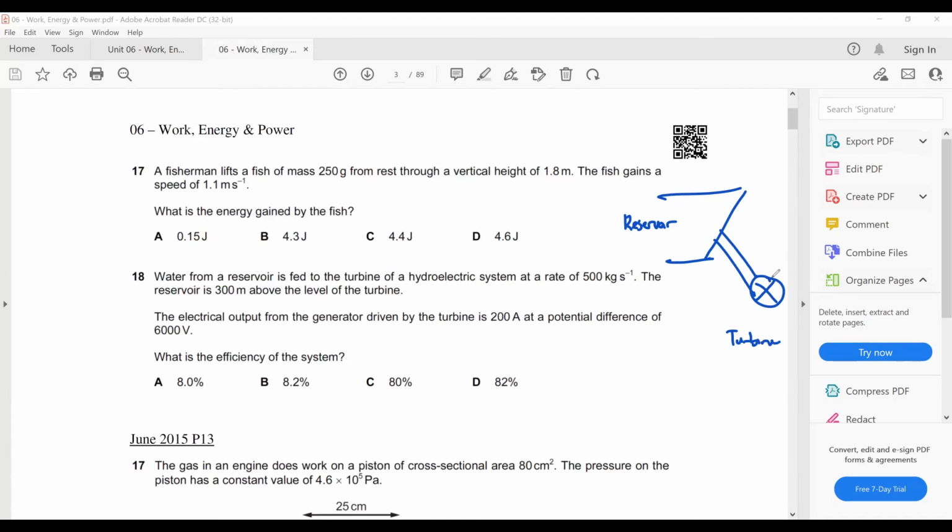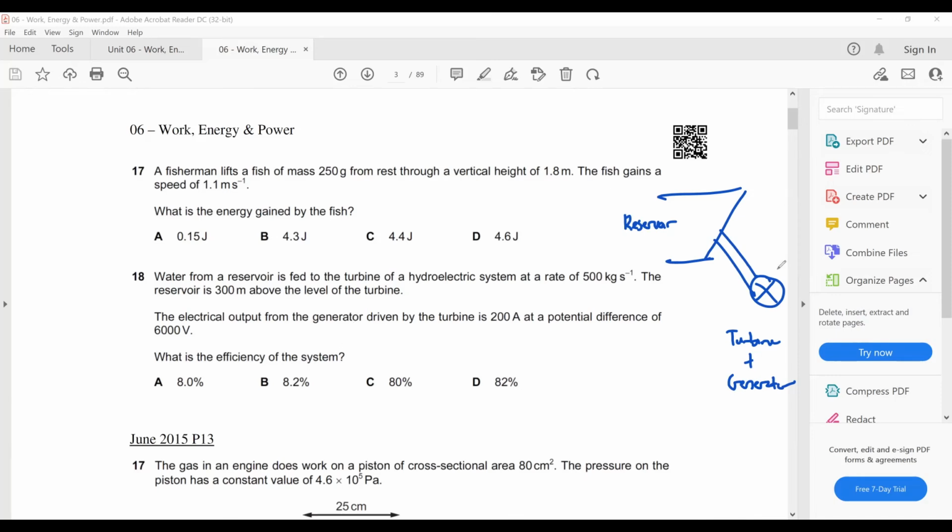And then after that, what they tell you is the electrical output, turbine and generator. Water from reservoir is fed to the turbine of the hydroelectric system at rate 500 kg per second. The reservoir is 300 meters above the level of the turbine. Electrical output from the generator is driven by turbine at 200 amps, and so on.